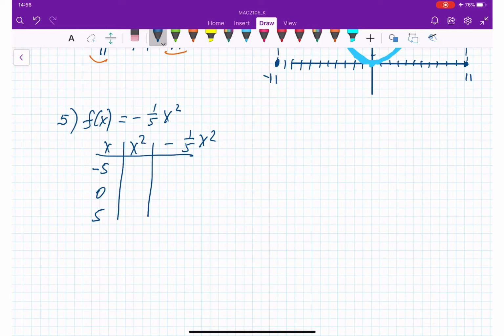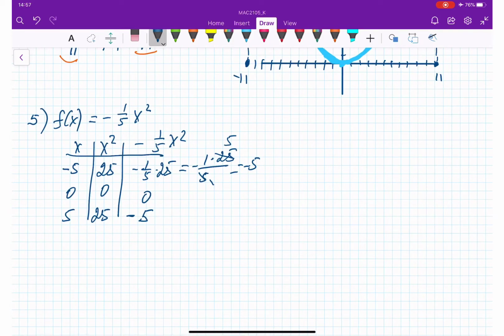So x squared is going to be 25, 0, 25, because negative 5 squared is 25, positive 5 squared is positive 25. Now when we multiply negative 1/5 times 25, this is 1, this is 5, and we are getting negative 5, which means this is 0, this is also going to be negative 5. So what does that mean?